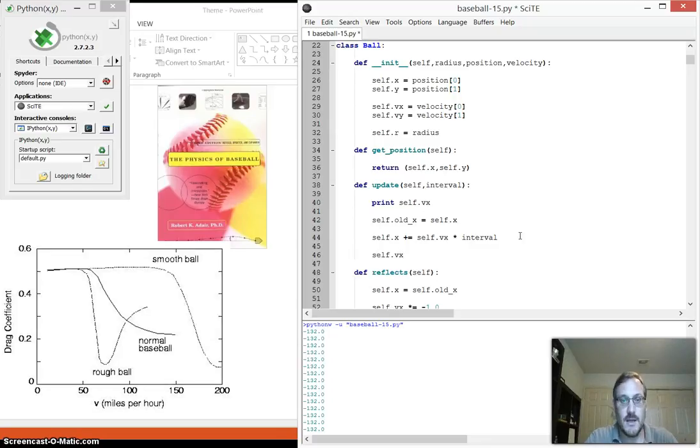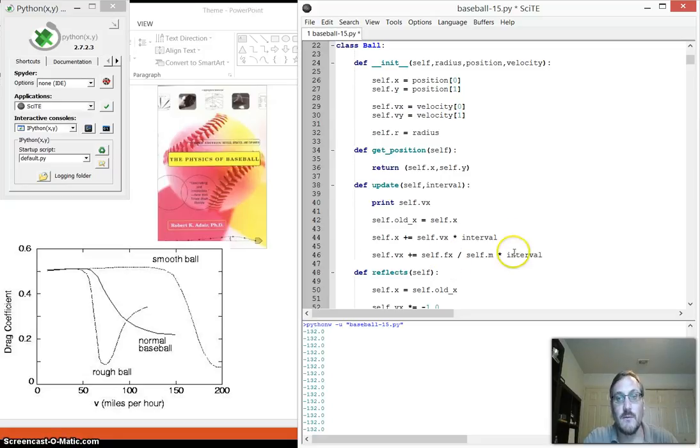So we're just going to modify the x velocity right now, and that's going to have to be dependent on an acceleration, or more precisely the force, right? And the force is going to be the mass times the acceleration. So to get the acceleration, we'll have to divide by a mass there, and then we'll multiply that by the interval.